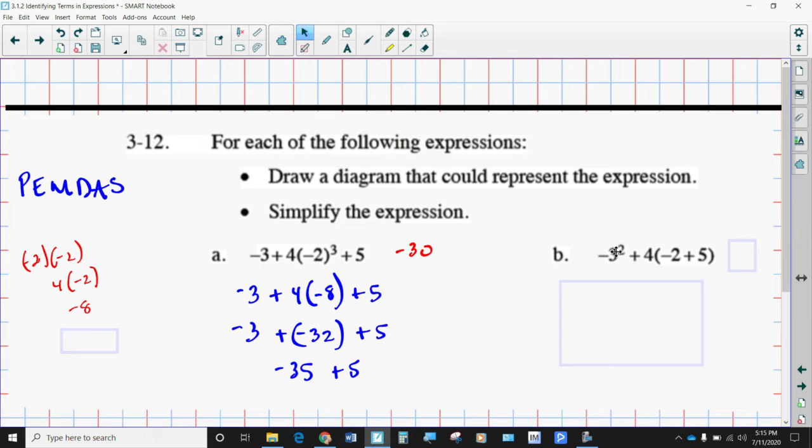Here, this is going to be a little bit trickier, okay? So we do have some parentheses. Now, I might have done both of them at the same time. Since this is a completely separate term than this one, if I choose to do the exponent before doing this parentheses, it's not really going to affect anything, okay? So if I truly did the order of operations, I would say -2 plus 5 first and then say 4 times 3.